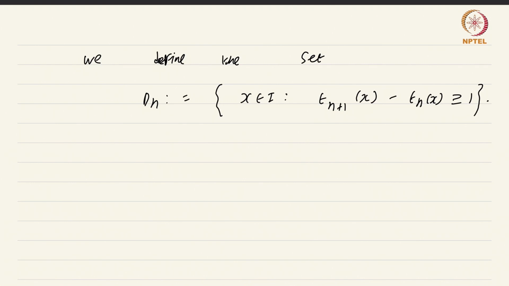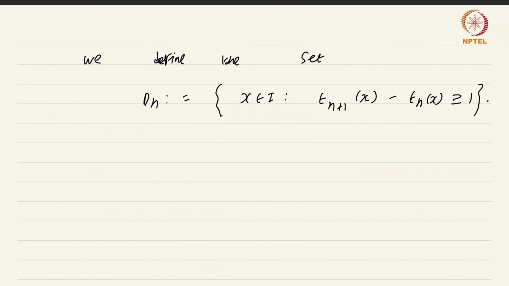So Dn consists of those points x in the interval I where the function T(n+1) exceeds Tn(x) by at least 1. So there is a jump. Now the set of points where Tn diverges is precisely the set of points x on which this sequence Tn jumps infinitely often. Those are the points at which the sequence Tn will diverge.